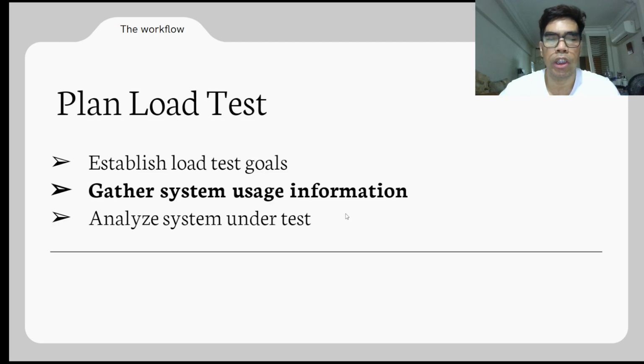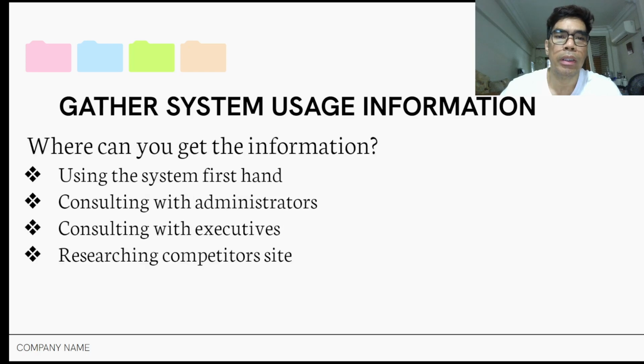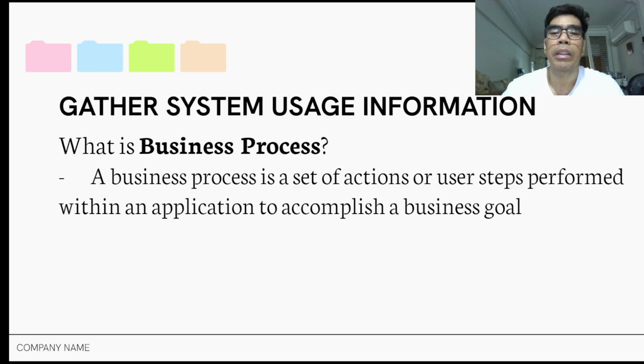Next is gathering system usage information. What is this? This allows you to decide which business process to record, isolate peak loads, document user actions, and valid input for each business process. So what is a business process? A business process is the set of actions or steps performed by the user within the application to accomplish a business goal.